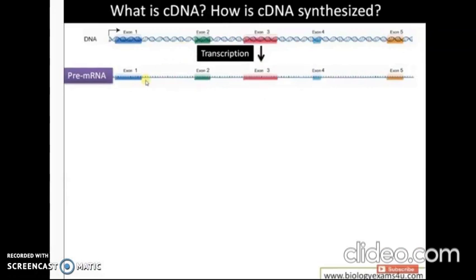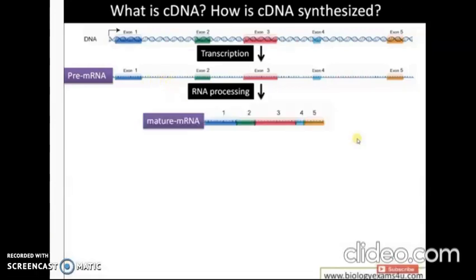In the eukaryotic system, there is a mechanism called RNA processing, where exons are retained and introns are removed. Now we have the mature mRNA, translated to protein in the case of eukaryotes. cDNA is synthesized from mature mRNA, where only exons are present.